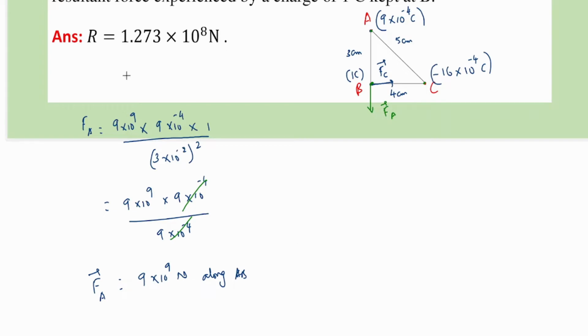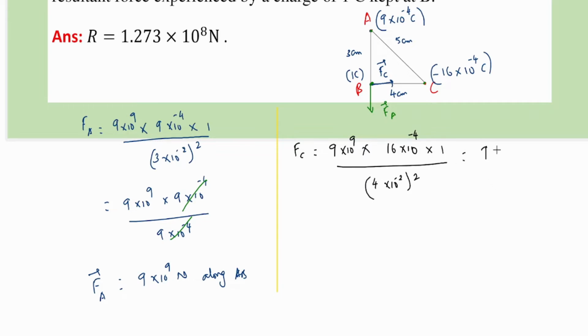We'll also find the force because of charge kept at point C, that we call as F suffix C. That is equal to 9 into 10 power 9, that is K, into Q1 is 16 into 10 power minus 4. As I told you in previous lectures, Coulomb's law is about charge magnitudes only. Into 1, the charge here is 1 Coulomb, by 4 into 10 power minus 2, the whole square.